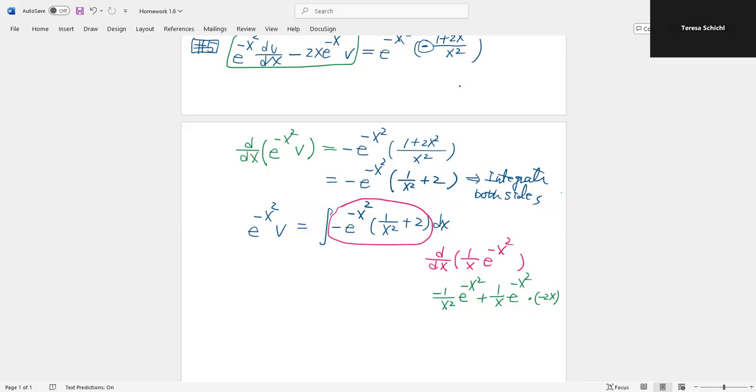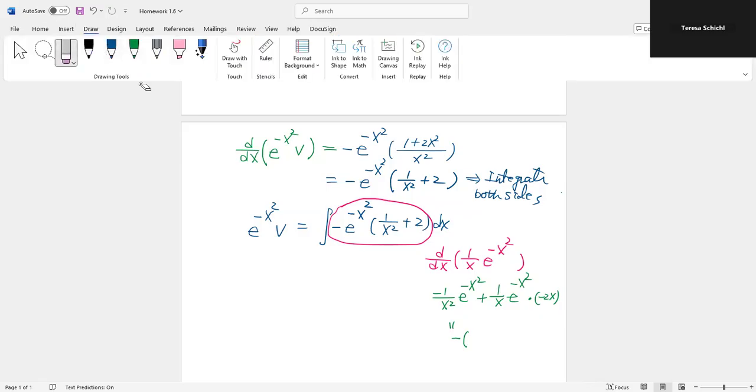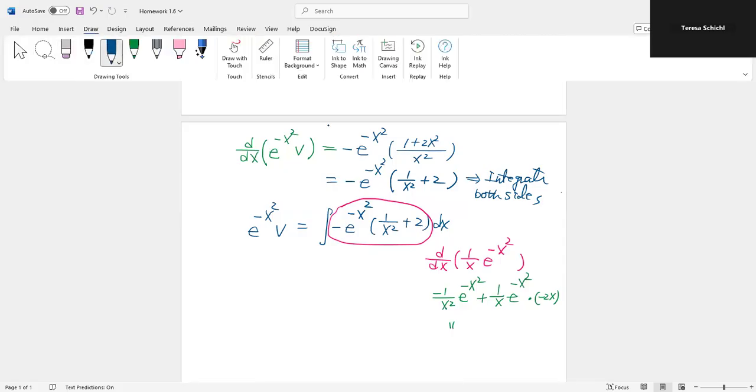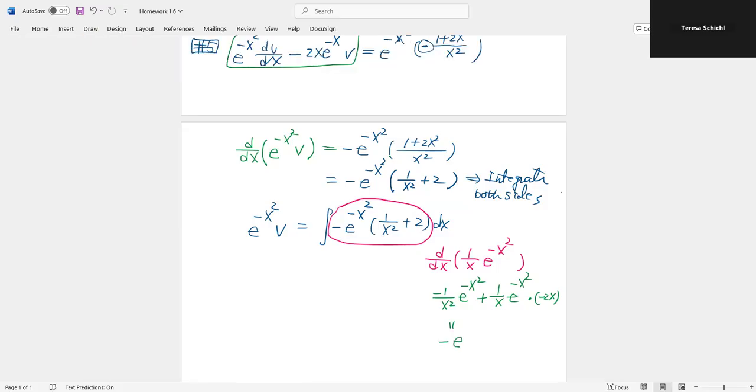So negative 2x. What do I have here? If I take the negative out, I can factor the negative and the e to the negative x squared out.